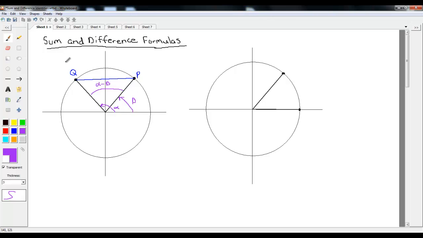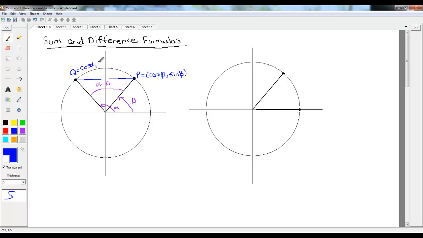Then point P is cosine beta comma sine beta, because we're on a unit circle, and the cosine of the angle is the x-coordinate, sine is the y-coordinate. Then Q is cosine of alpha comma sine of alpha, because alpha is this angle. So cosine of that is the x-coordinate, and the sine of that would be the y-coordinate.